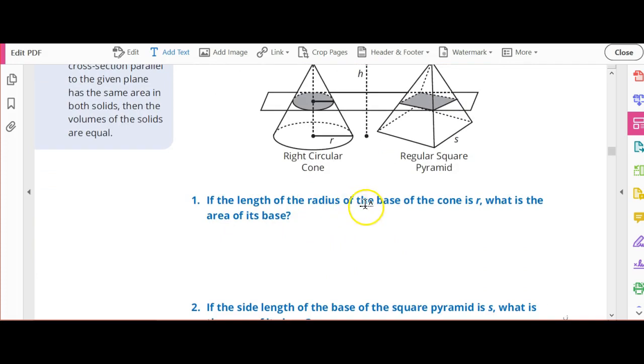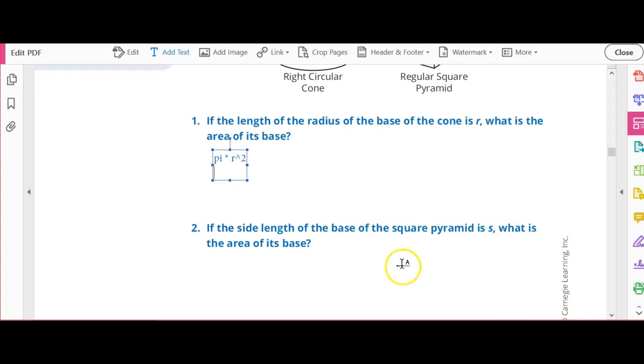Okay, if the length of the radius of the base of the cone is r, what is the area of its base? It would be pi times r squared, right? The side length of the base of the square pyramid is s. What is the area of its base? It would be s squared.